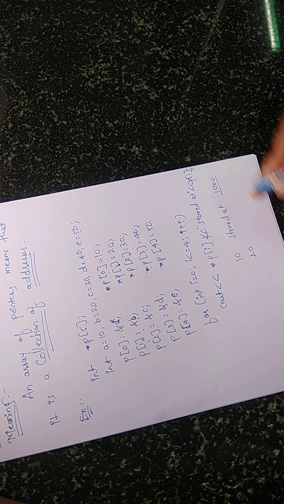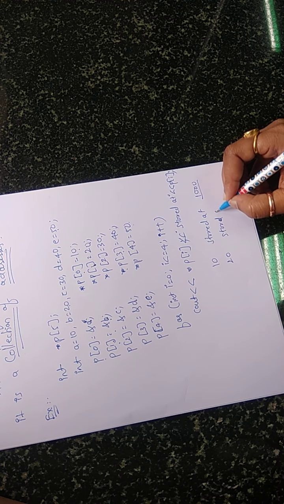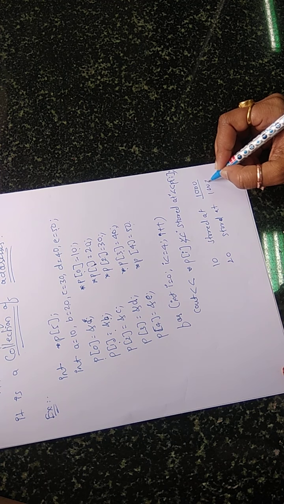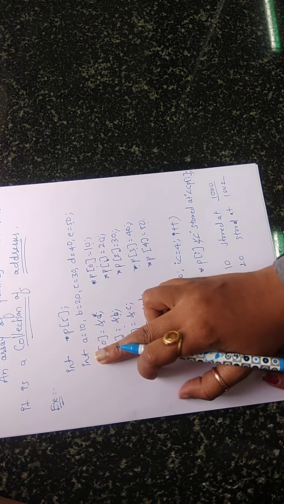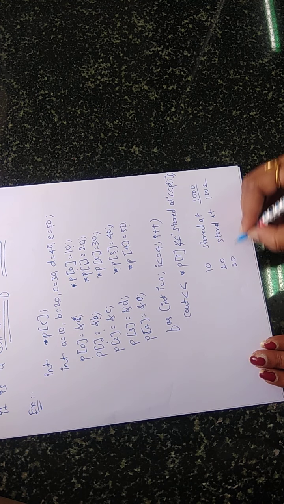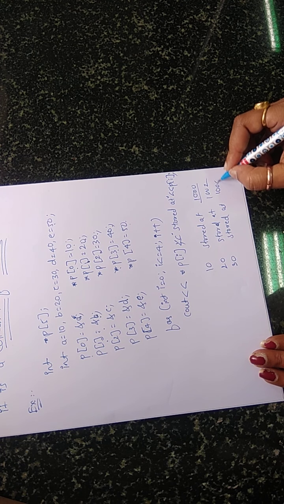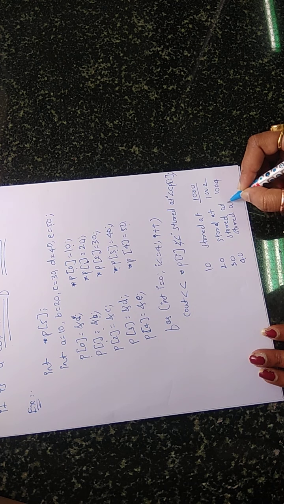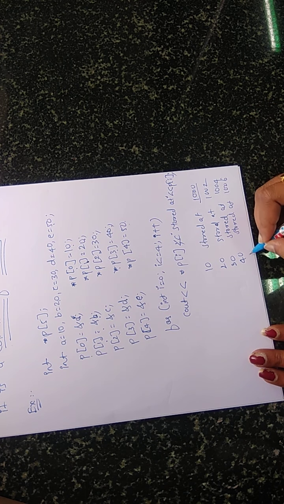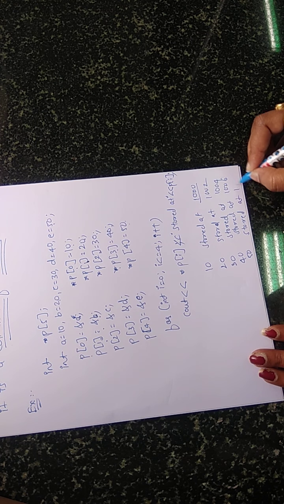Next, the i value changes, so 20 stored at 1002 will be there. I am increasing by 2 because it is an integer. So 30 stored at 1004, 40 stored at 1006, and 50 stored at 1008.